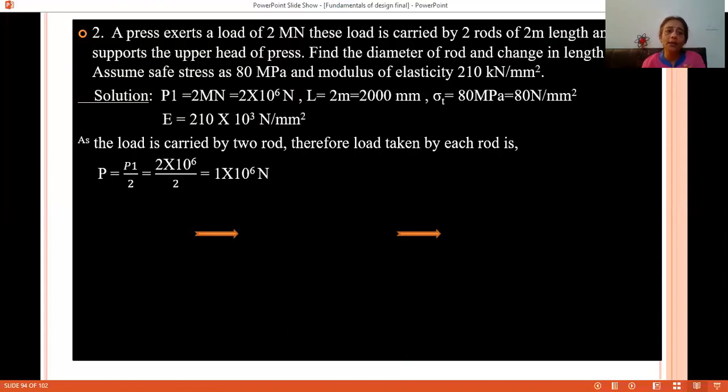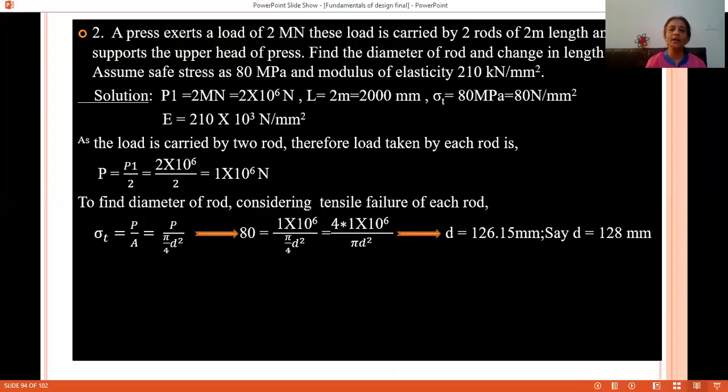After we calculate load on each rod, we will now find out the diameter of rod. And students, you have seen that rod is subjected to tensile failure when head will fall down. So considering tensile failure of each rod, we will use formula tensile stress is equal to force upon area or load upon area.